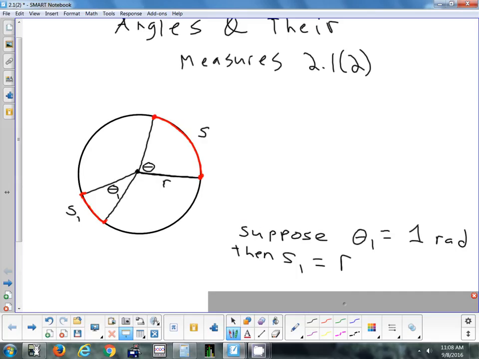Any questions on that step? Okay, so that's my first step. I want that equal to 1 radian, and if that's 1 radian, then that arc is the same size as the radius.